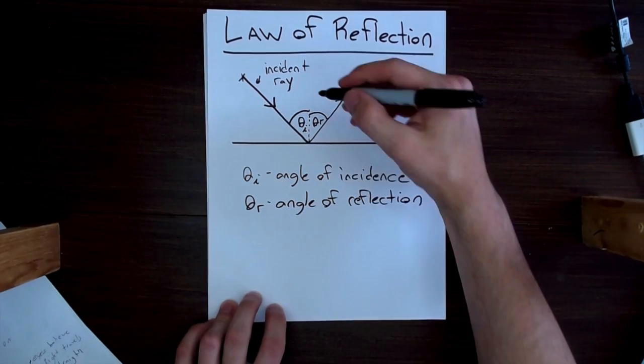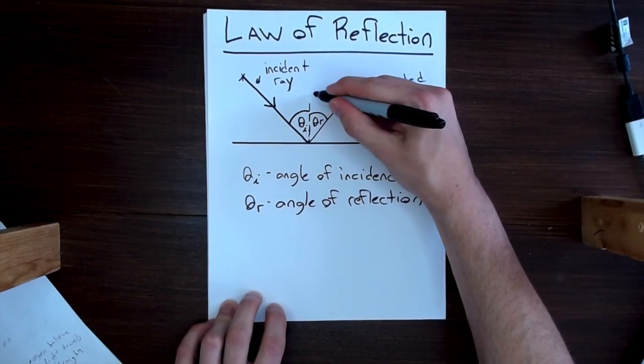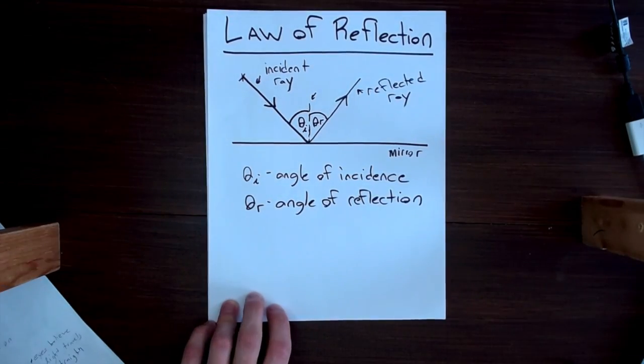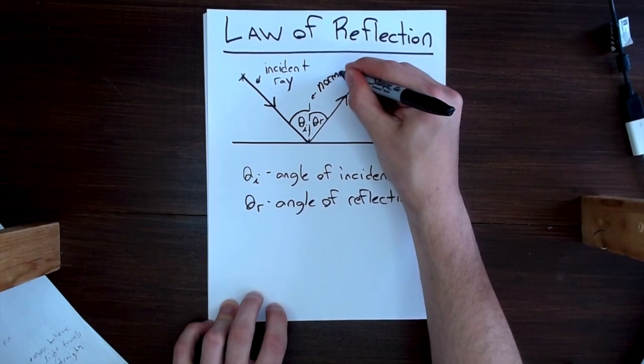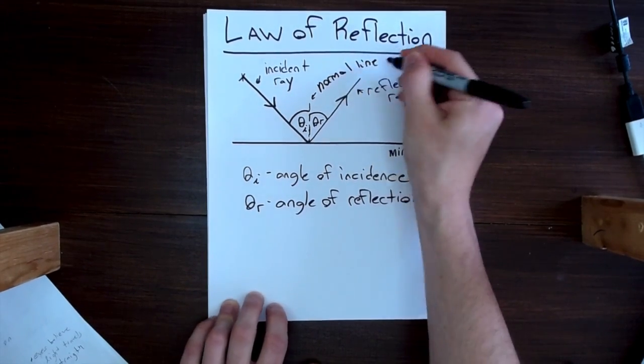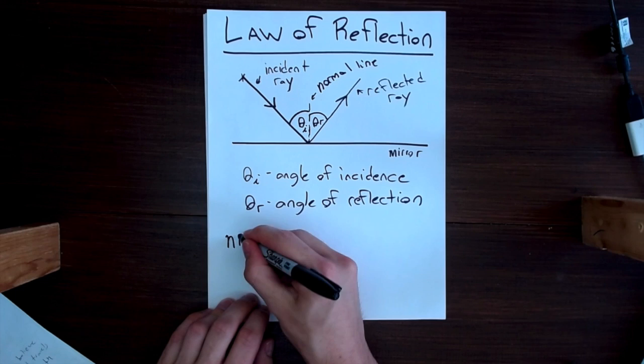Really, really important is that these angles are always going to be measured from this dotted line here, that perpendicular dotted line, which is referred to as the normal line. It is the line perpendicular.